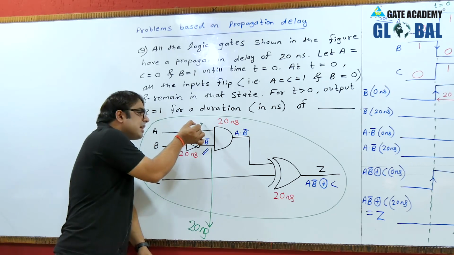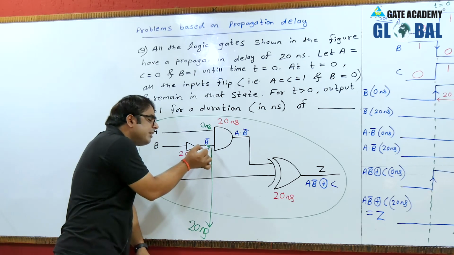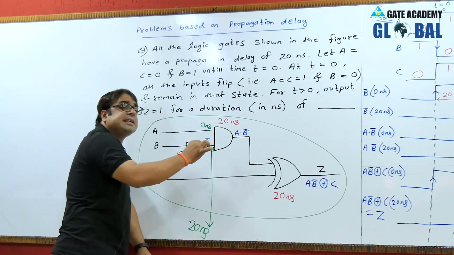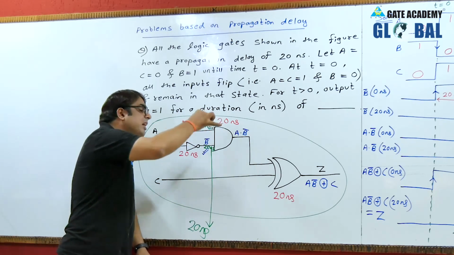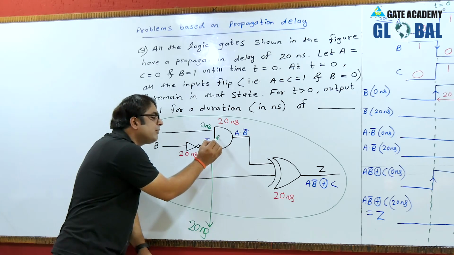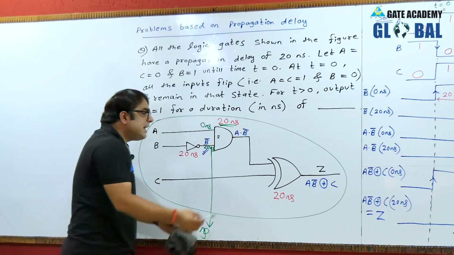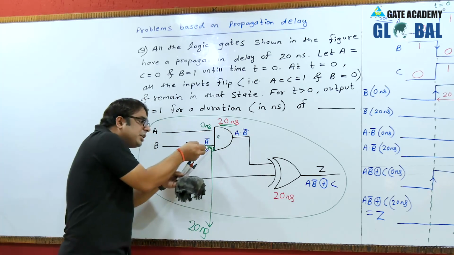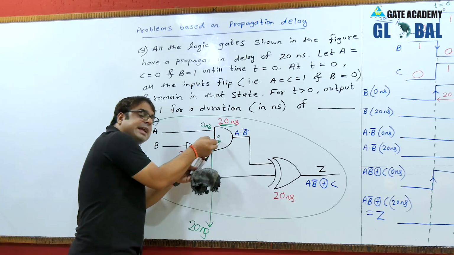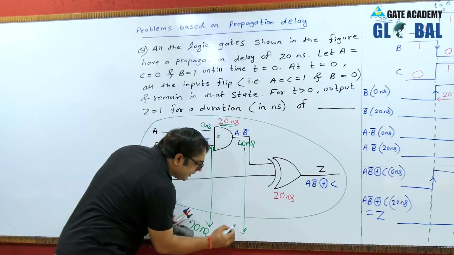This input is available at 0 nanoseconds, but this input is available at 20 nanoseconds. So this logic gate can start its calculation only after 20 nanoseconds. The delay of this gate is also 20 nanoseconds, so this output will be available at 40 nanoseconds.